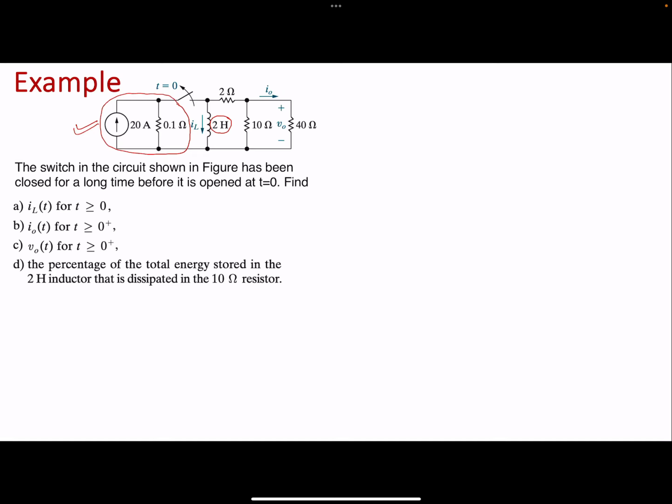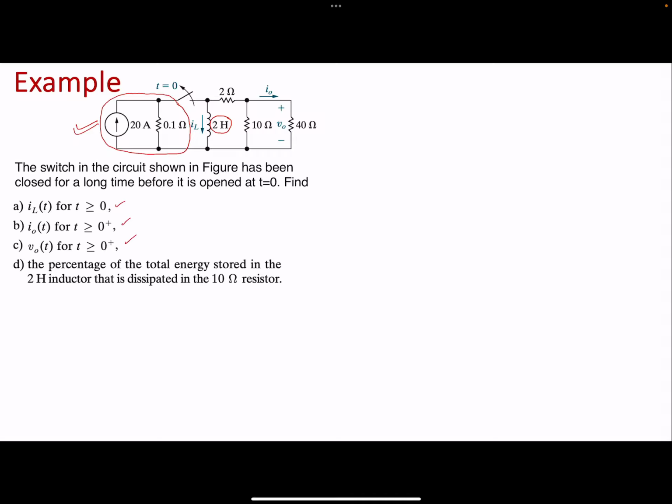Before the switching event, this current source, when connected to an inductor, energized the inductor, if you will, or provided energy to the inductor. So at time t equals 0, when the switch is opened, this source will be kicked out.